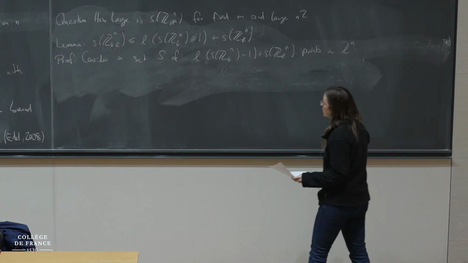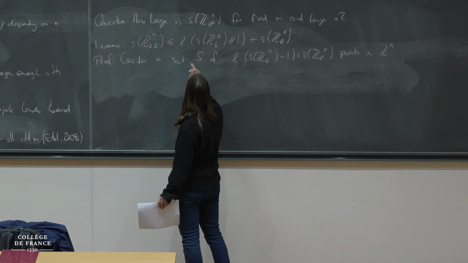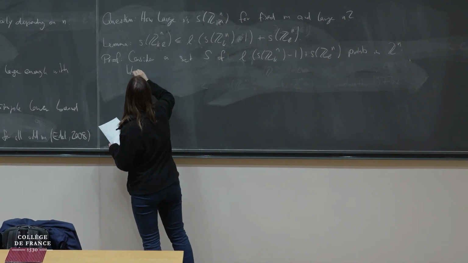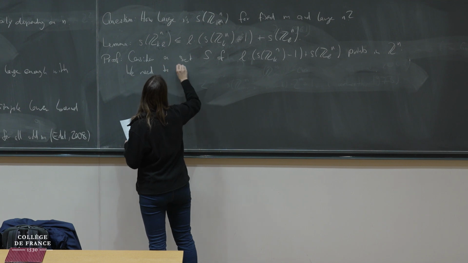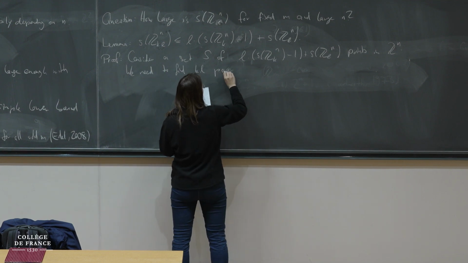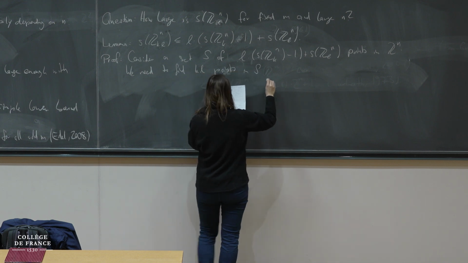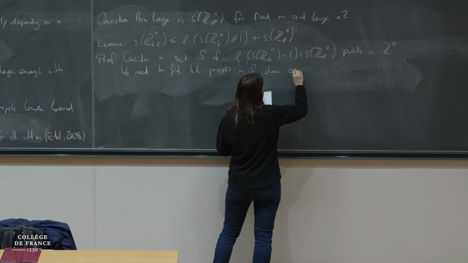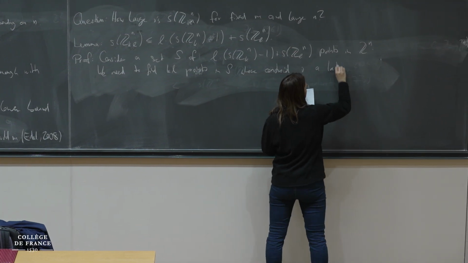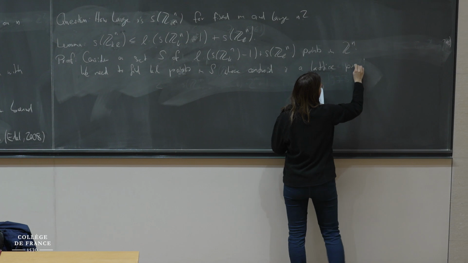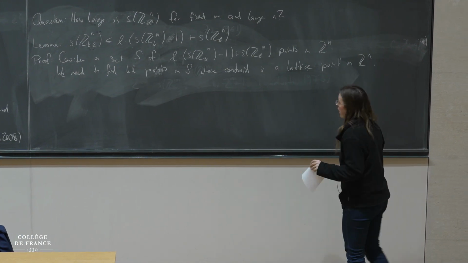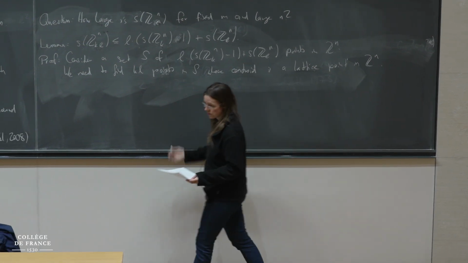Now our goal is to find KL points in the set S with the property that the centroid is again a lattice point. So we need to find KL points in S whose centroid is a lattice point in Z to the N. Okay, so we want to find those KL points.